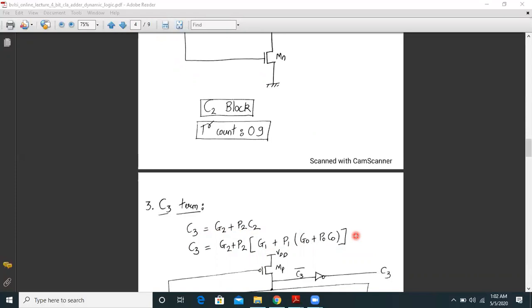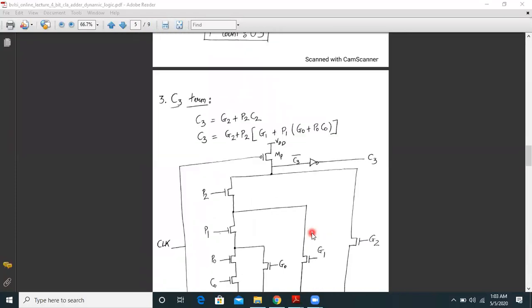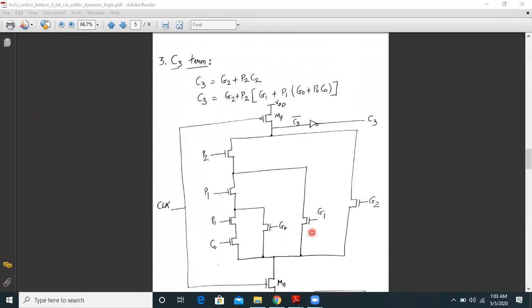So let us go to the implementation directly. First we will have to implement the pull down network. We start with the innermost expression, that is P0 C0. The two NMOS transistors are in series with the inputs P0 and C0. This combination is in parallel with the NMOS transistor with input G0.